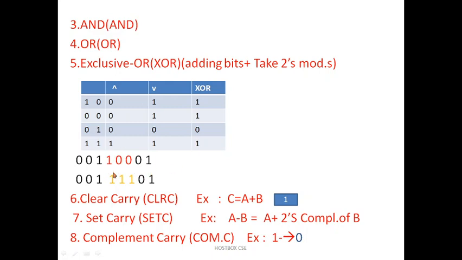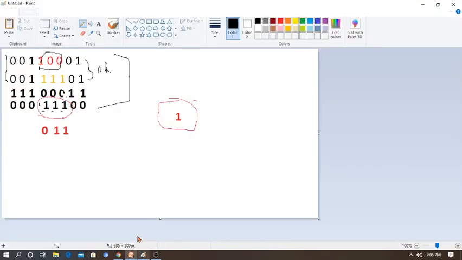I'm going to select the 3 bits in the middle and convert them to 111, leaving the rest as 001 and 01. Between these two bit patterns we can do the OR operation.